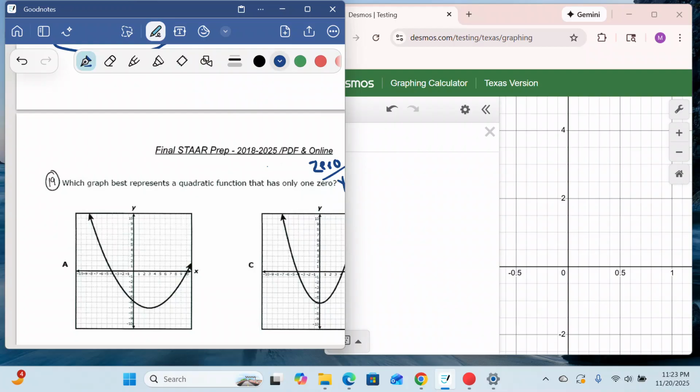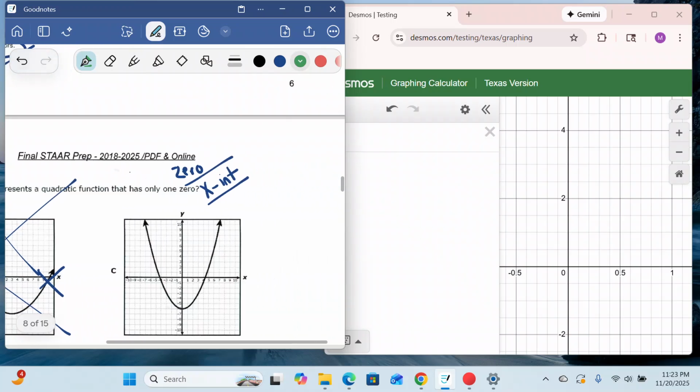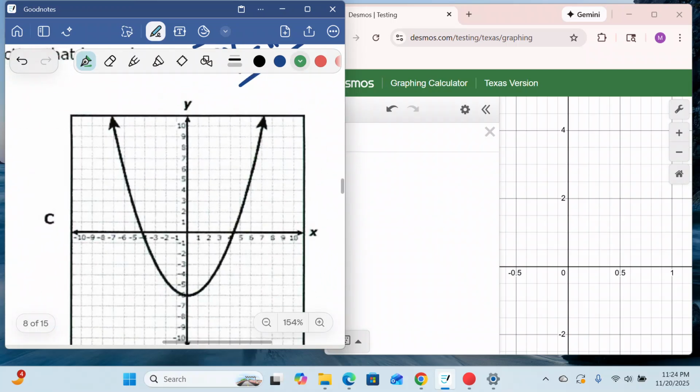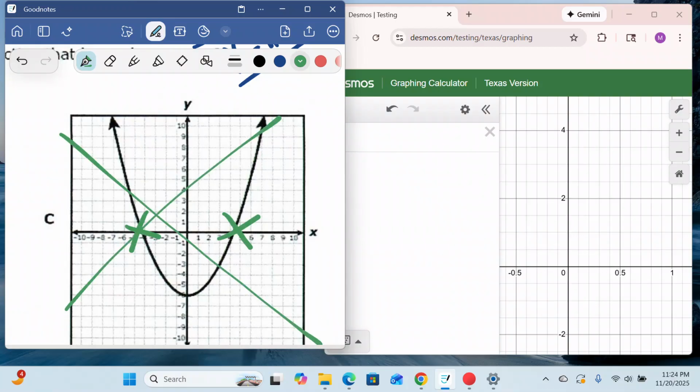If you look at A, it has a zero, and another zero. It's got two zeros, so this one is wrong. Let's look at C. Does this one only have one zero? Here's one zero. Here's another zero. So that means C is wrong.